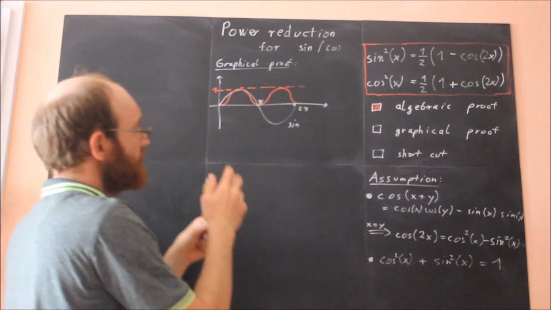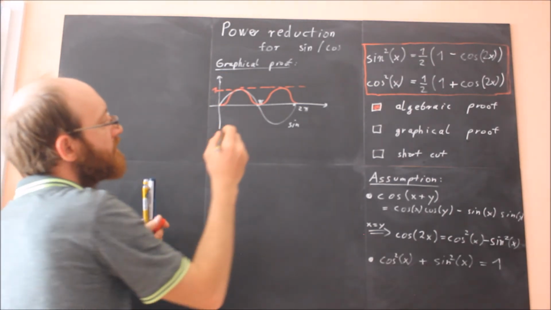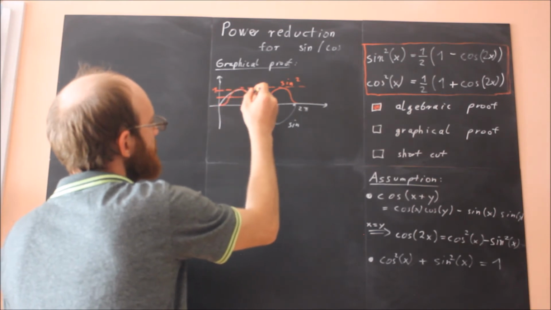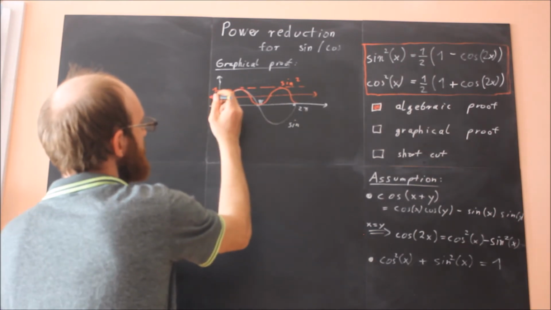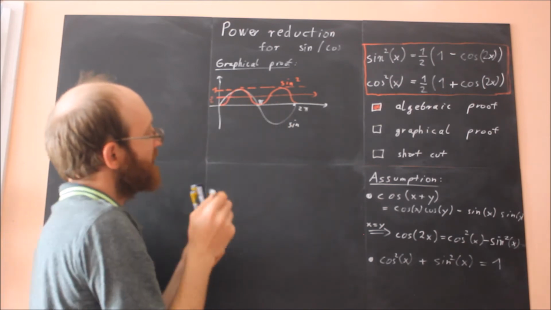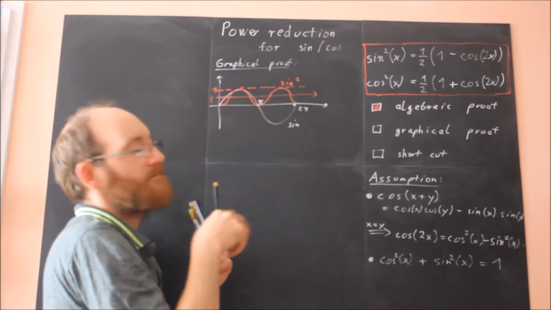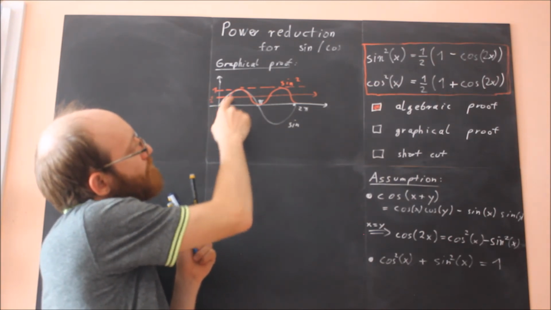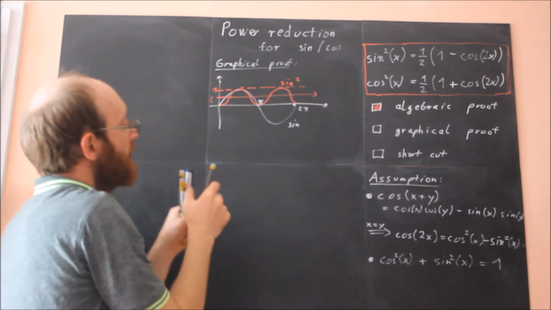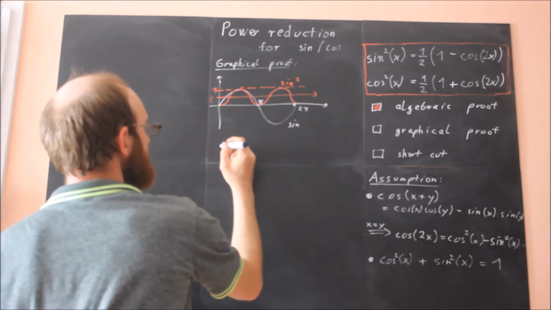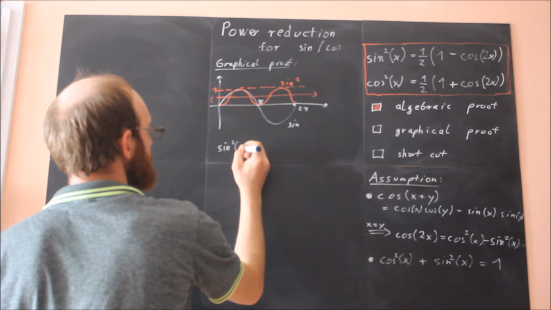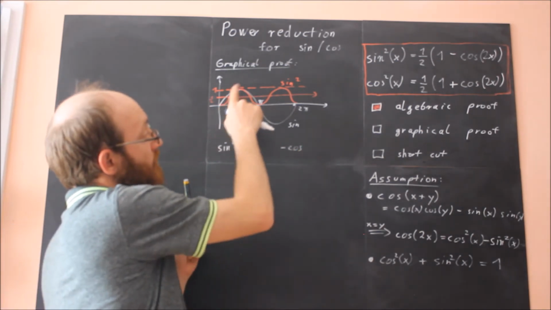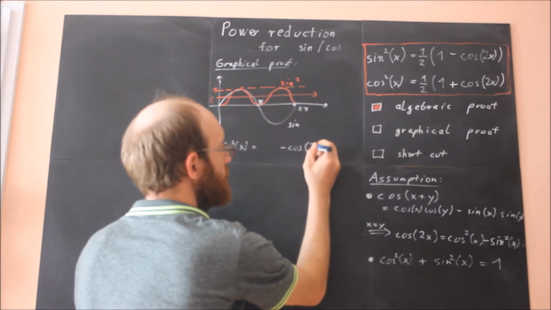Now if you take a close look at this red line, the sine squared, if we put a new coordinate system in the middle at 1/2, then this looks like a negative cosine. If this is our new zero, we have a minus cosine here, and therefore for the sine squared of x we get a minus cosine, and there are two waves, therefore 2x.